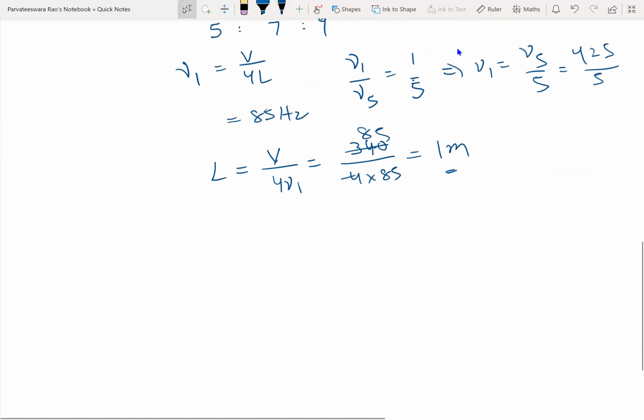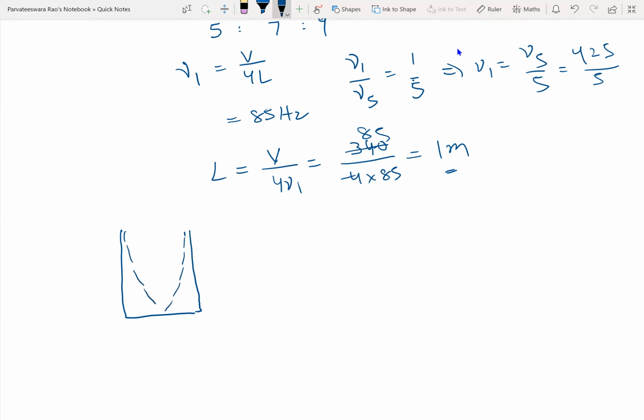And here sometimes they will ask you about the end correction. What is the meaning of end correction? This is a one end closed pipe, and we are assuming that the antinode is formed exactly at the mouth of the pipe, but it won't happen. The reason is, this is how we keep a vibrating tuning fork to form these stationary waves. The prong of the tuning fork will be held little above the mouth, but we are not assuming this height.